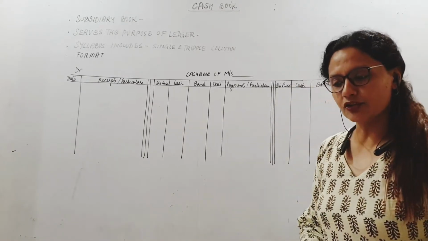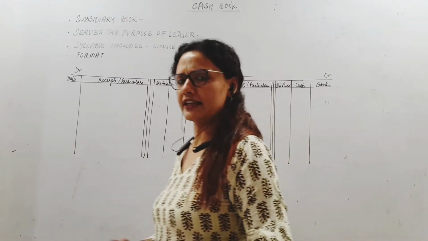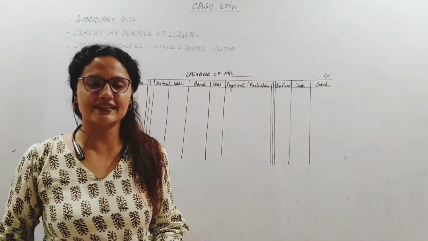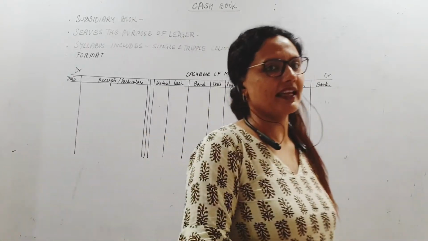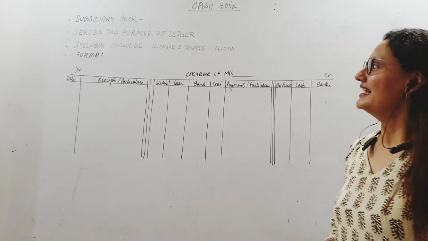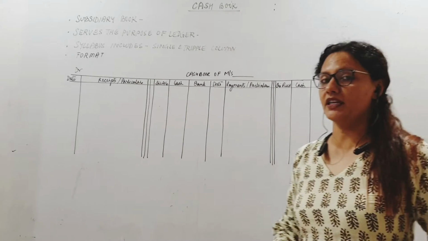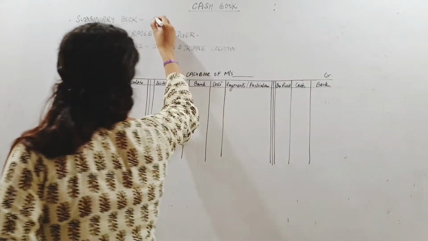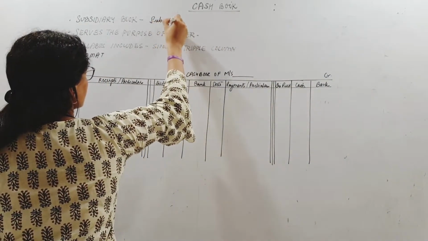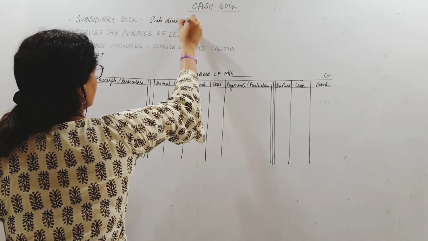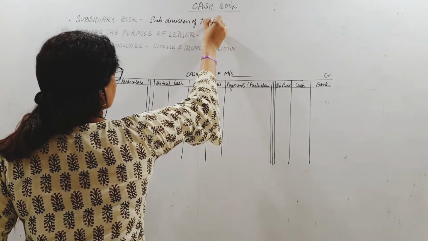A cash book, a book that records all cash transactions, simple. That's the easiest definition that a cash book has, right? So this is a book, meaning it is a subsidiary book. Subsidiary book meaning a subdivision of journal.